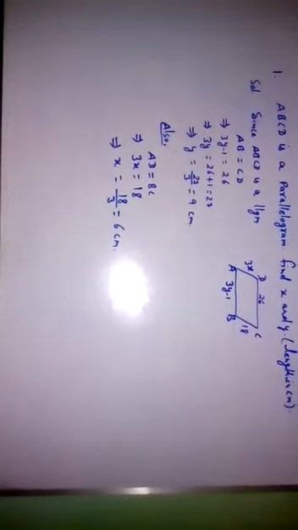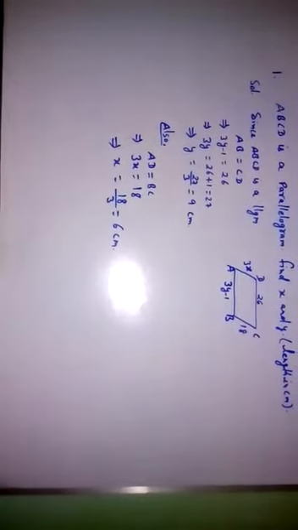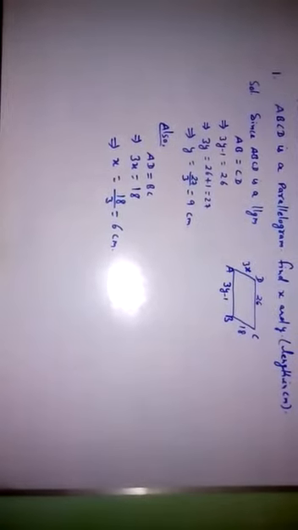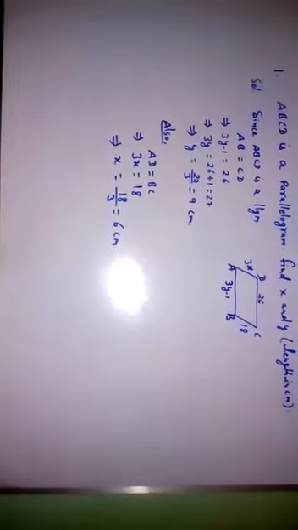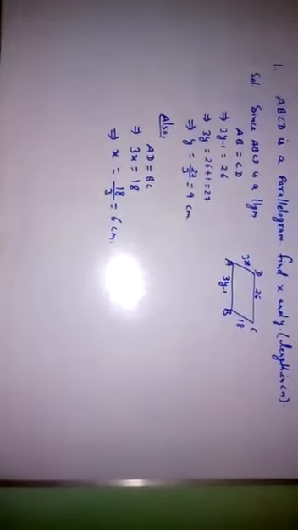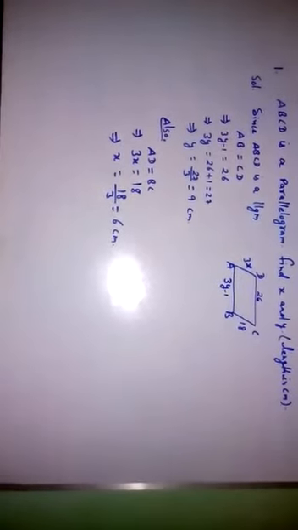3y equal to 26 plus 1, that is 27. Therefore y equal to 27 by 3, that is 9 centimeter. Also AD equal to BC, as I told you, in the parallelogram opposite sides are equal.